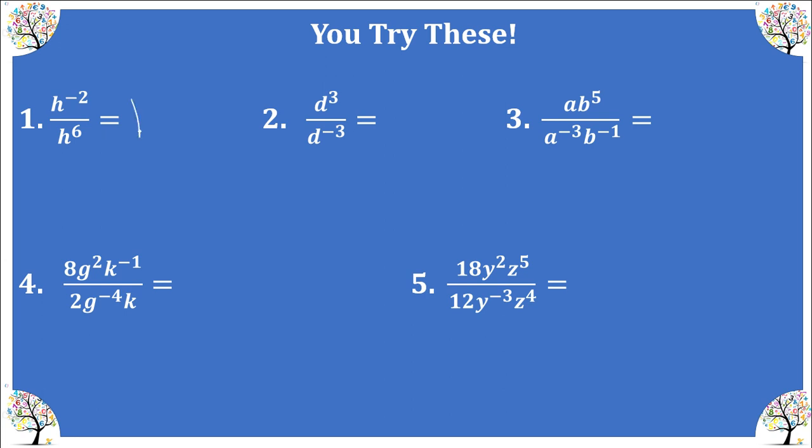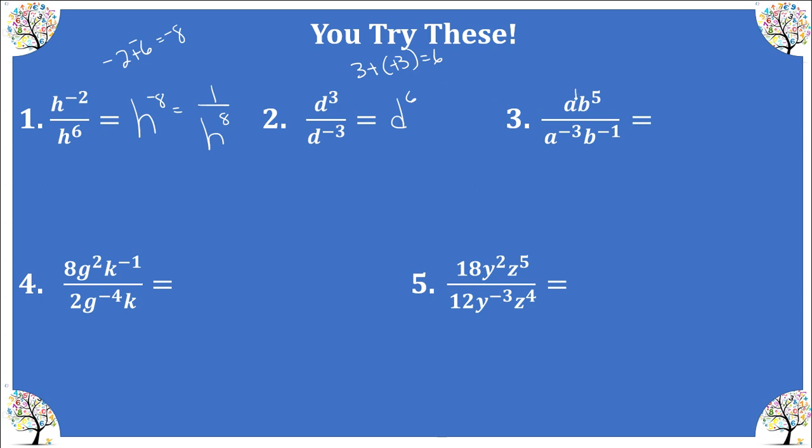Okay, number 1, we're going to have h, negative 2 minus 6, keep, change. We have a negative 8, and then we have to flip that to the denominator. Number 2, it's not 0, it's not 3 and just negative 3, it's 3 minus negative 3, keep, change, gives us positive 6.